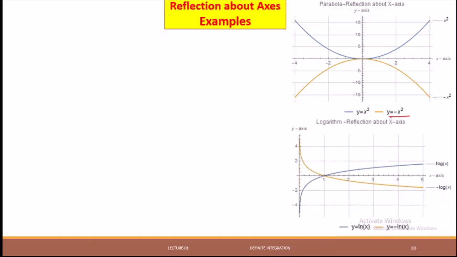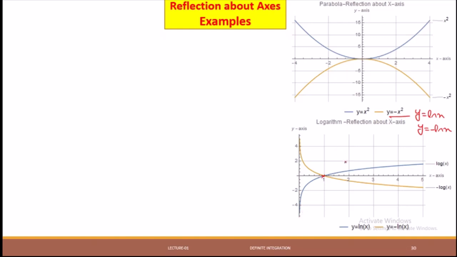Now we are considering the graphs of y is equal to log x and y is equal to minus log x. If you observe, the y is equal to log x graph is represented in the blue color. Beyond 0, after 0 it goes in the negative direction. As x approaches 0, log x approaches negative infinity.